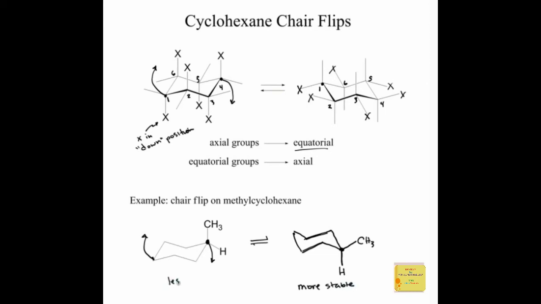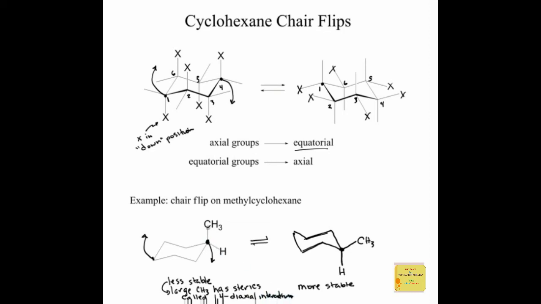And this is the less stable conformation. That's because the large methyl group has some sterics when it's in the axial position, as it is here. It has steric interactions called 1,4 diaxial interactions.